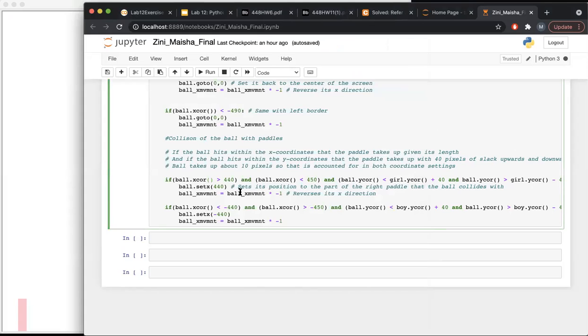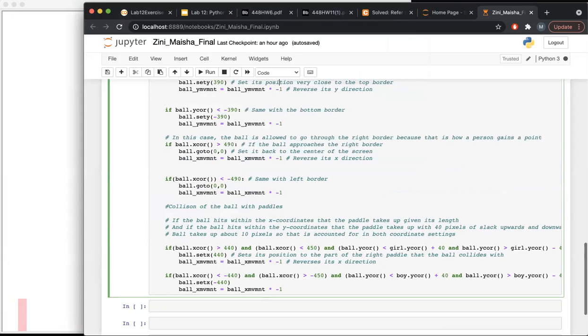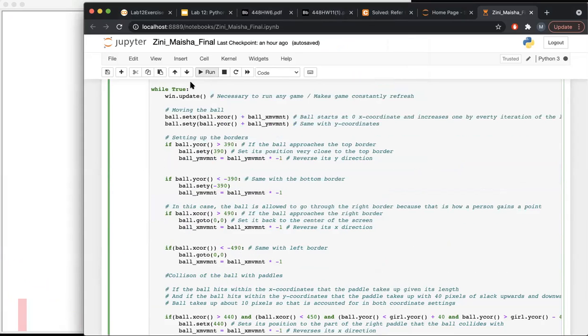And then you're going to reverse the direction to make it look like it's bouncing off. And yeah, I do that for both sides. And then I run it. I don't know if I mentioned this earlier, but while true just ensures that the game keeps refreshing and that the game runs smoothly.